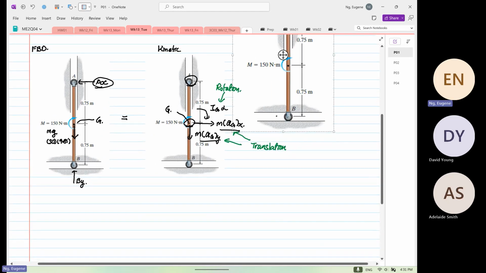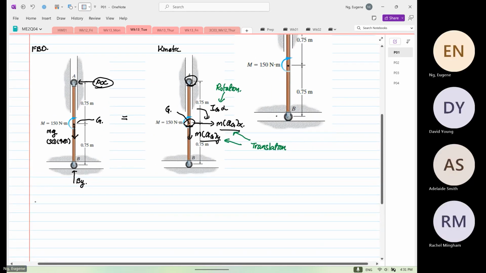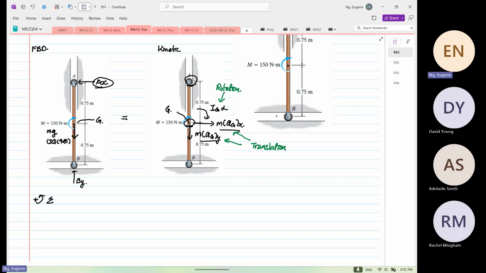So we're going to take moment at point A, and this will be equal to the summation of moment at point A, kinetic. Okay. So we're going to take moment at point A, right?